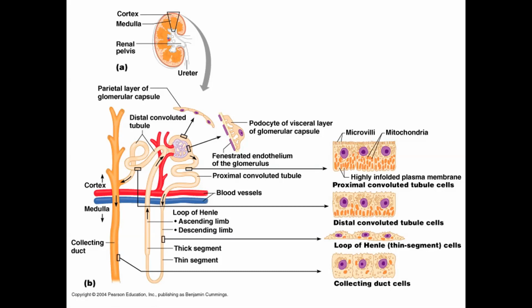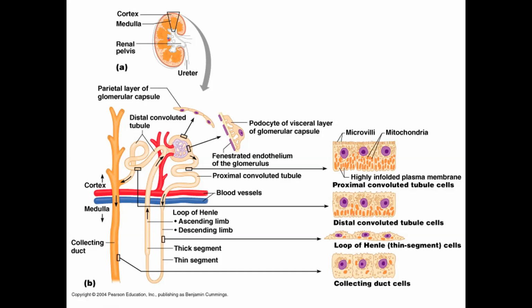Then the simple squamous epithelial cells from the glomerulus, the basement membrane, plus the filtration slits, all three parts together form the filtration membrane. That's where the blood is filtered through from blood capillaries into the Bowman's capsule.